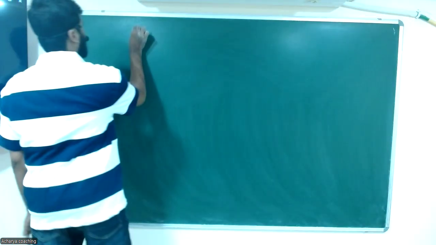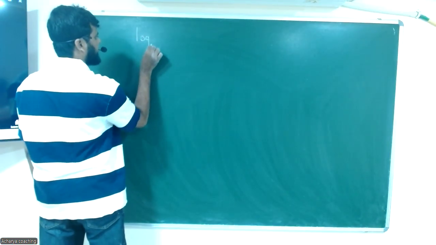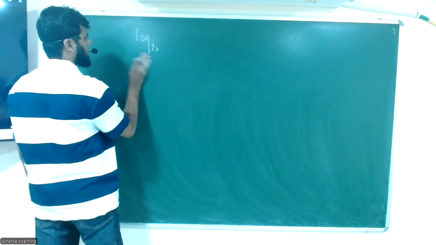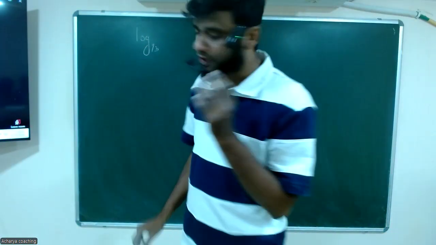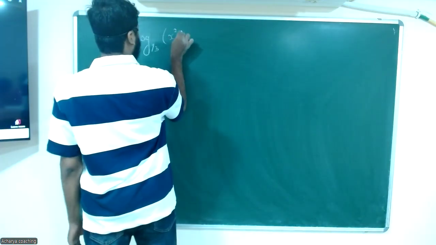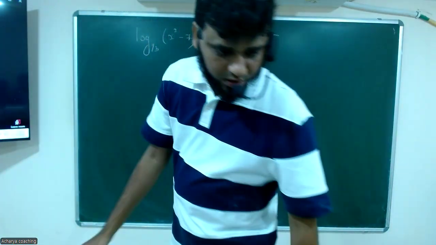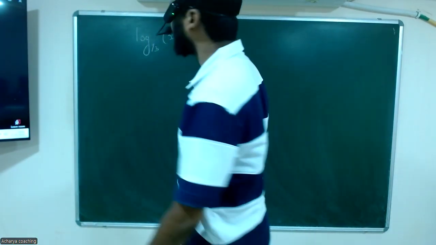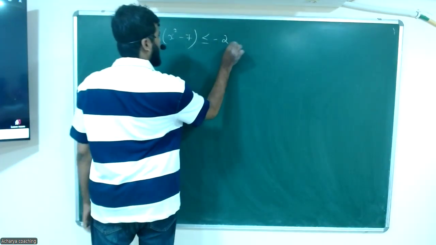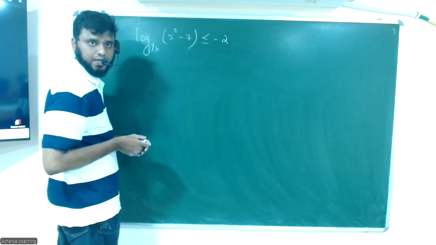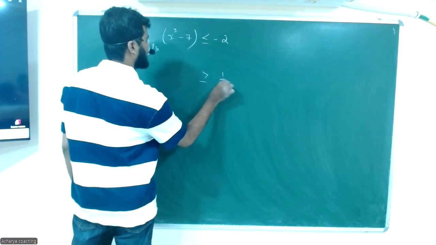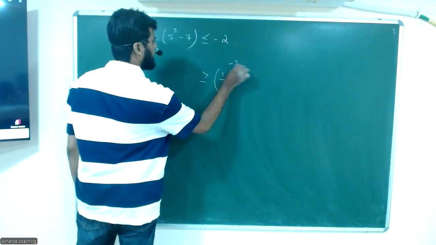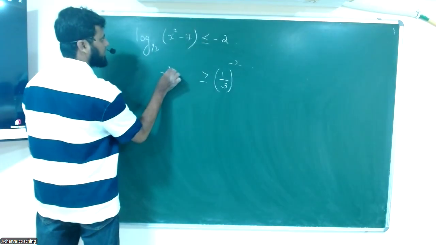Log with base 1 by 3 of x square minus 7 lesser than or equal to minus 2. First, base is less than 1, which means the sign of inequality will be reversed. 1 by 3 to the power minus 2 will be here, and here x square minus 7.